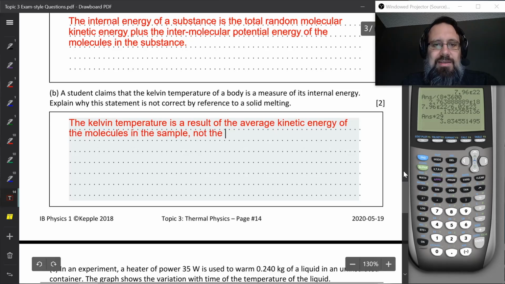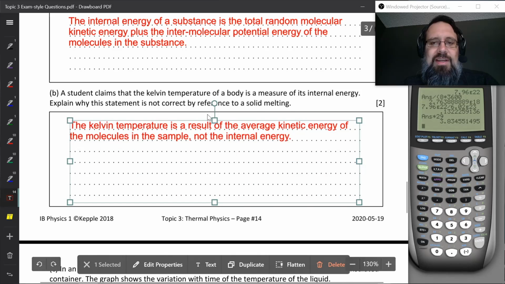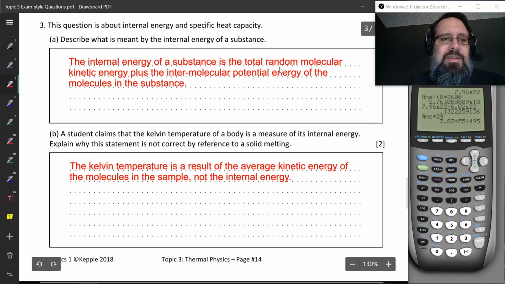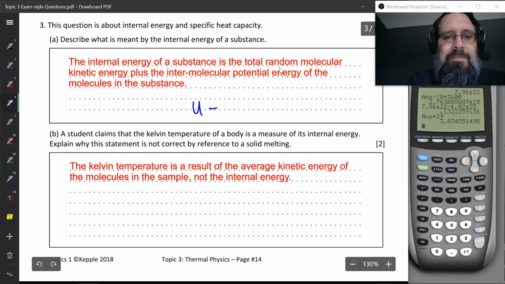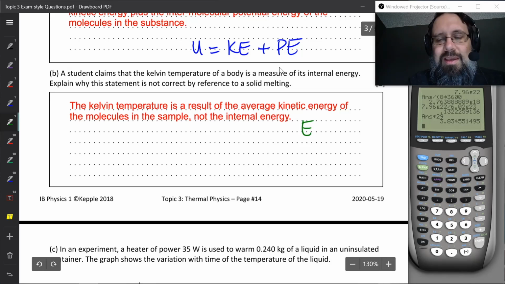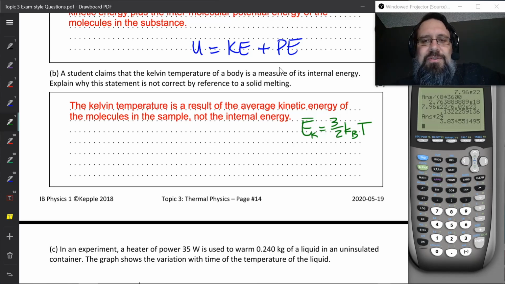Not the internal energy. Temperature is only captured by the kinetic energy of the particles. The internal energy includes kinetic and potential. The way to remember it is that internal energy is kinetic energy plus potential energy. The Kelvin temperature is only capturing the kinetic energy, from the equation 3/2 kBT. So the Kelvin temperature is only capturing the average random kinetic energy of the particles.